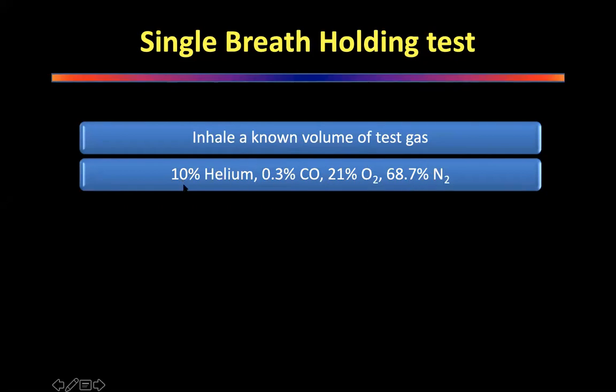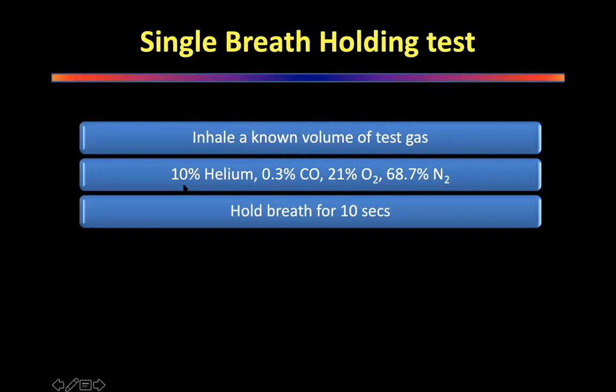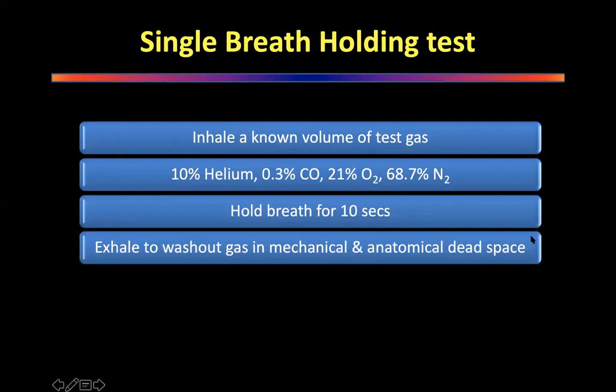Plus this, you ask the patient to inhale and hold the breath for 10 seconds. When the patient holds the breath for 10 seconds, you reach equilibrium, and then you ask the patient to exhale. You do not measure the first volume of gas that is exhaled, because that volume is representative of the anatomical dead space and the mechanical dead space.